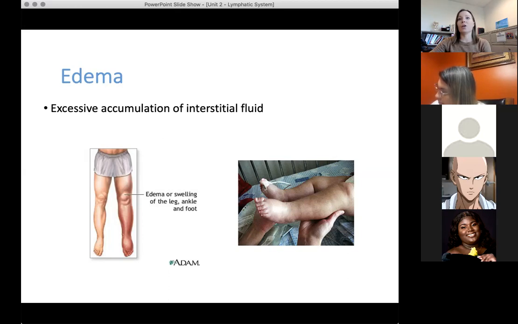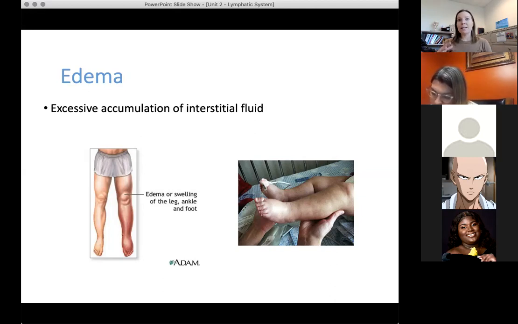So one main cause could be if there's any kind of blockage or obstruction to the flow of lymph into the lymphatic capillaries. So if the capillaries are blocked for whatever reason, or there's an obstruction there. You're absolutely right about if there are lymph nodes and lymphatic vessels that have been removed from an area, that does cause edema.